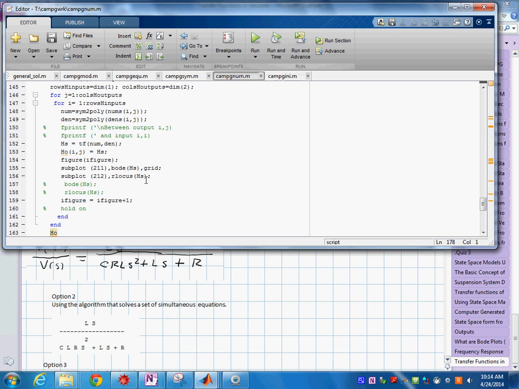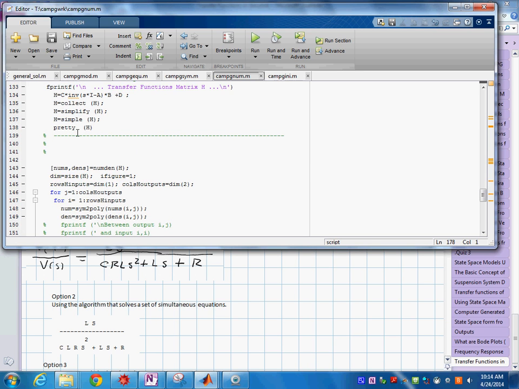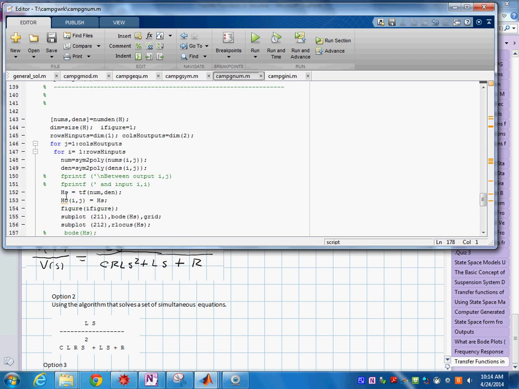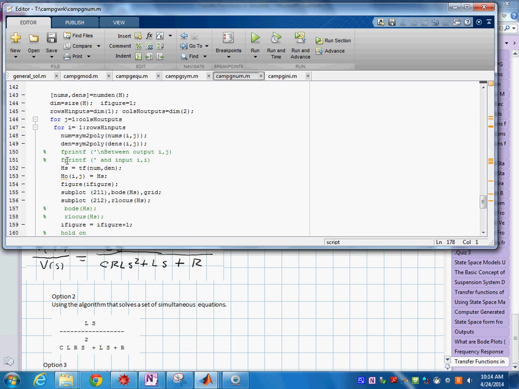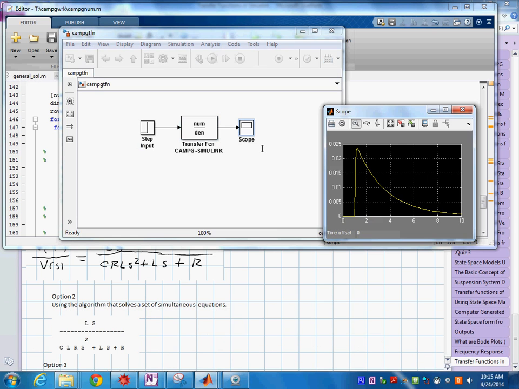See, this is where we calculate the numerator and the denominator by using the values of what we had before. Once we had this transfer function in symbolic form, this part transforms it into the numerical form that is used over here. And that's how we obtain the response doing it in Simulink.